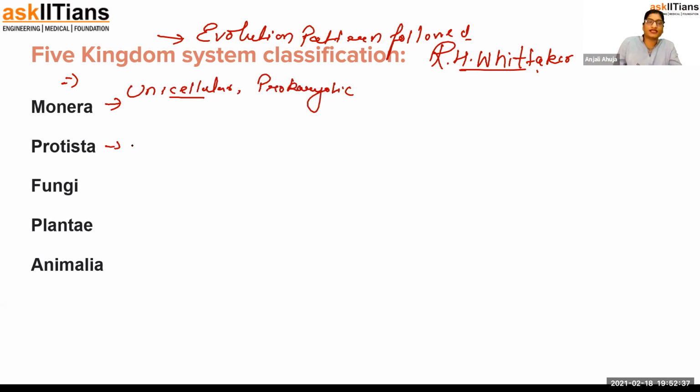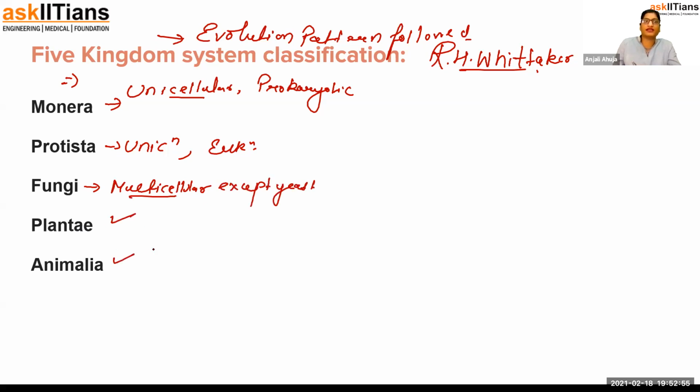Then Protista are unicellular and eukaryotic. Then fungi are mostly multicellular, except yeast, which is unicellular, only one exception. And they are all eukaryotic.